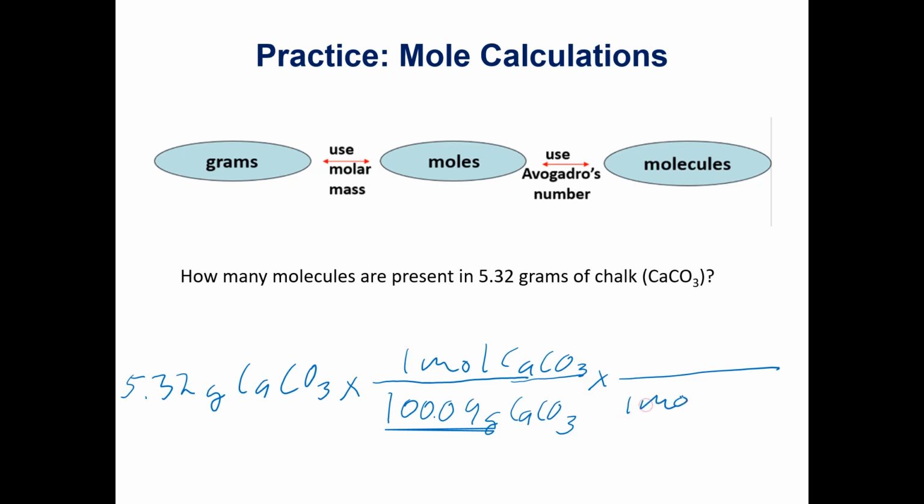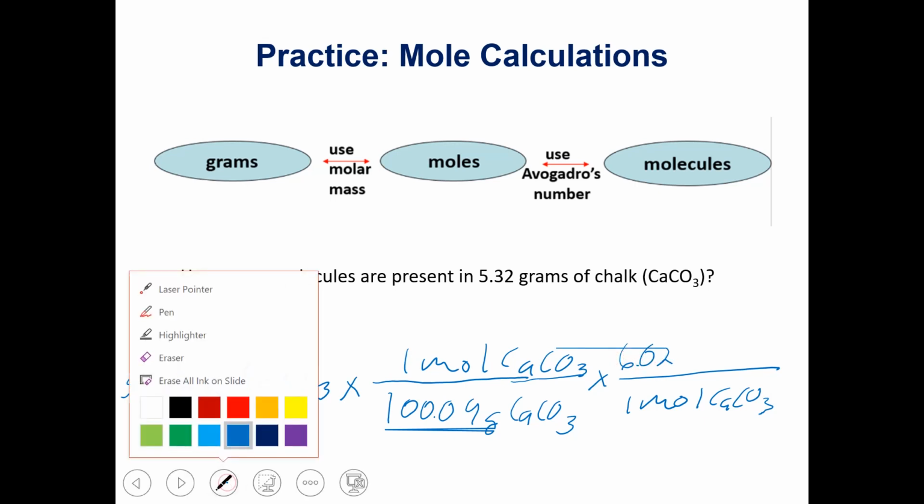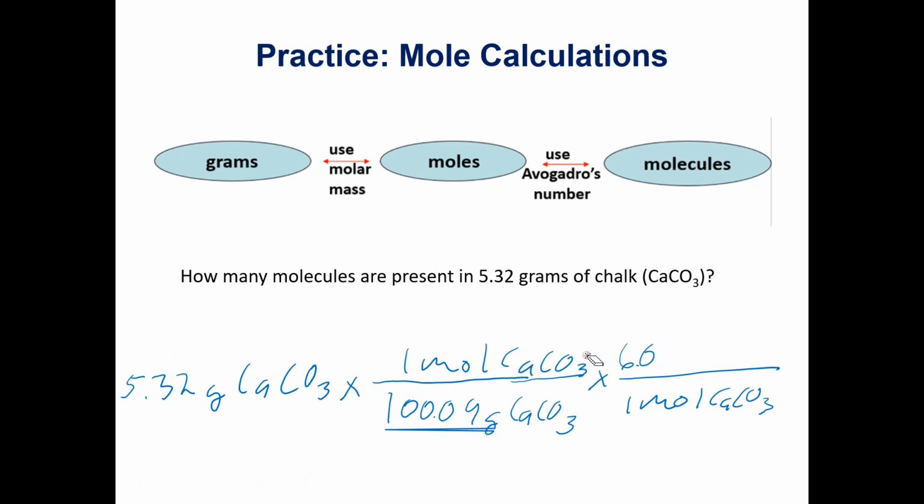And then 1 mole of calcium carbonate has 6.022 times 10 to the 23rd molecules, and I'm kind of running out of space here, so I'm going to have to cram this in.